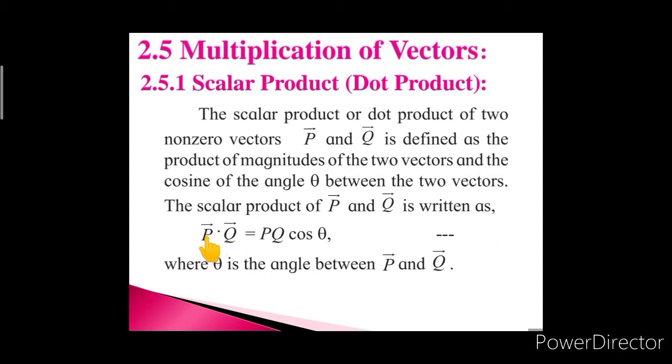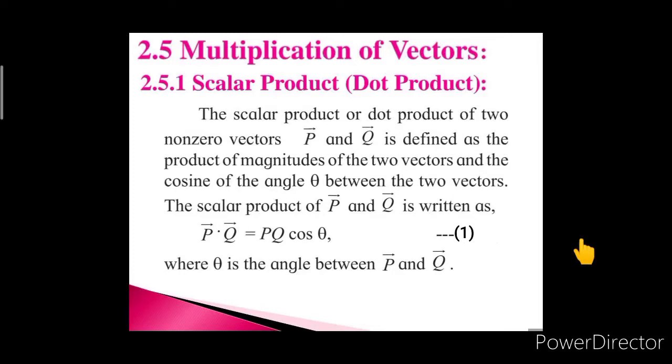The magnitude of vector p is p, the magnitude of vector q is q, and theta is the angle between vector p and q. So vector p dot vector q is given as p q cos theta. Now give it equation number 1.